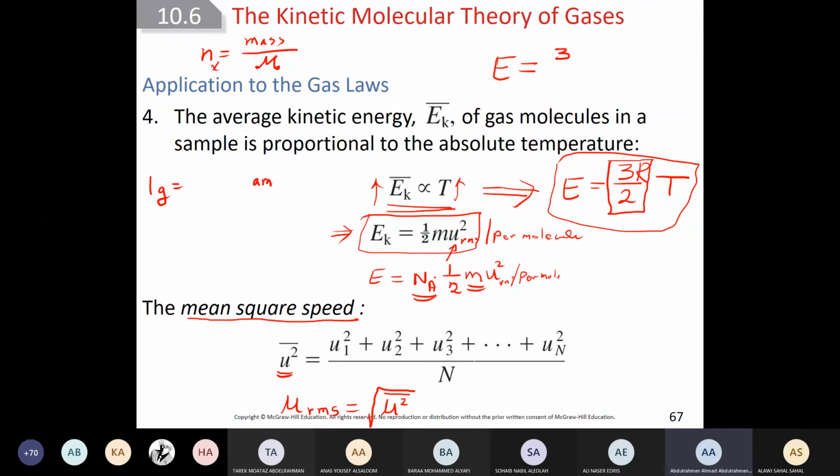AMU. What's AMU? What's the meaning of AMU? Atomic mass unit. What's the relation between 1 gram and AMU? 1/12. Avogadro's number.